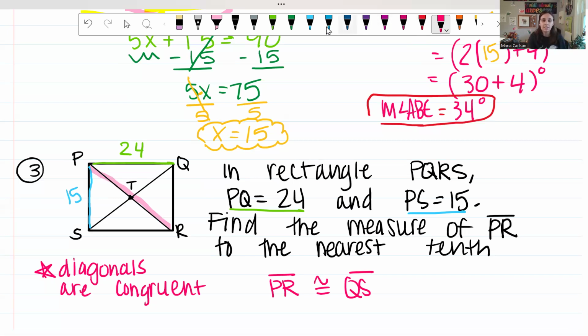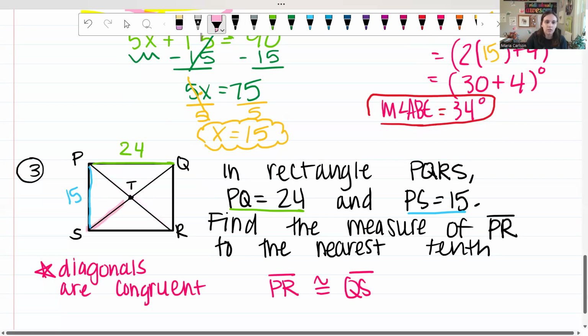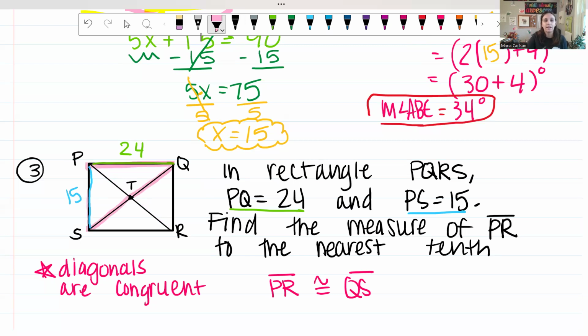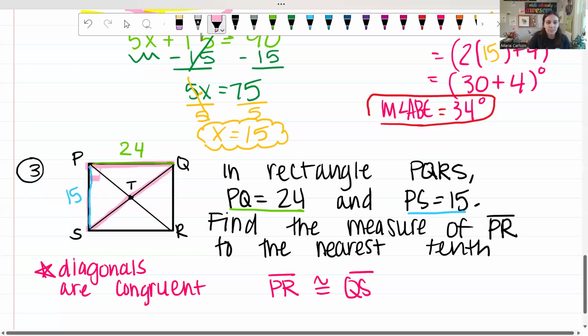Well, I noticed that within this drawing, I have two triangles formed. I have triangle SQP, PQS, however you want to look at it, and then I have triangle RSQ. And these are two right triangles, right?